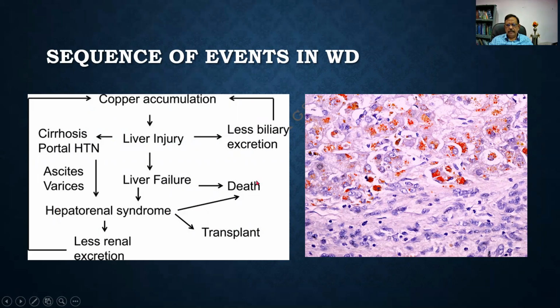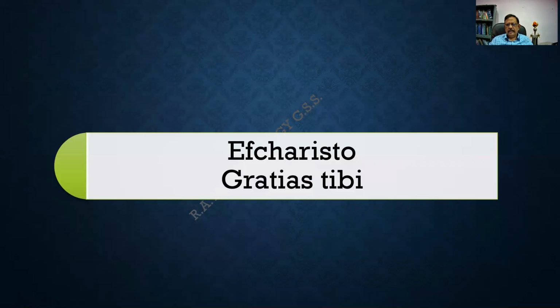There might be a death of the patient, or with a transplant he might survive. The liver injury can also lead to cirrhosis and ascites. And finally, there can be a biliary excretion leading to an accumulation in the tissues.